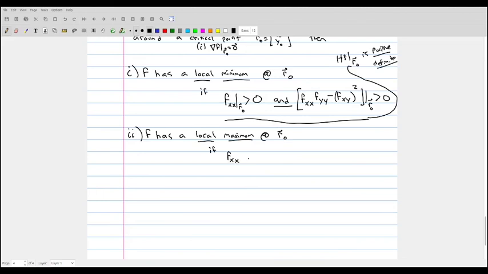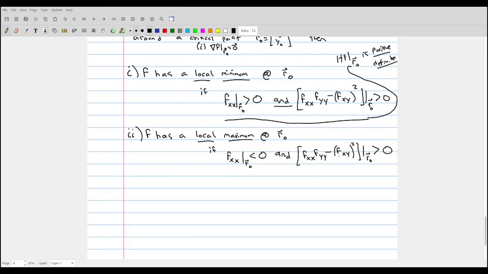If fxx at the point r0 is less than 0, is negative, and if this expression fxx fyy minus fxy squared at the point r0 is also greater than 0.